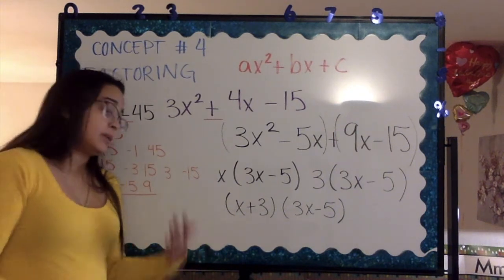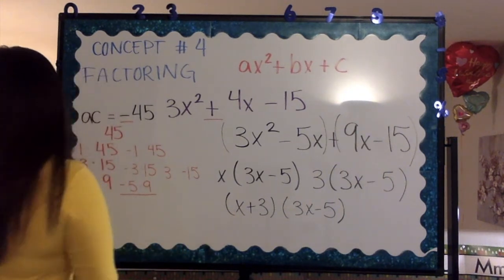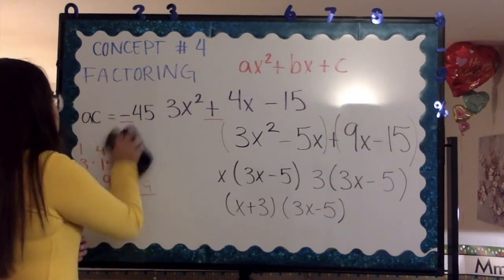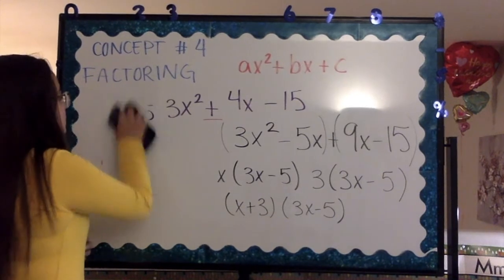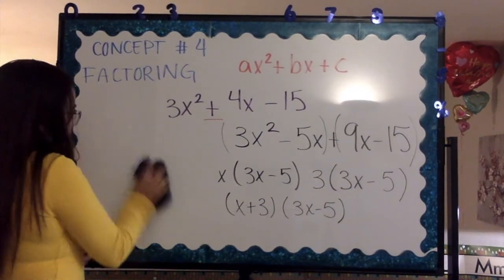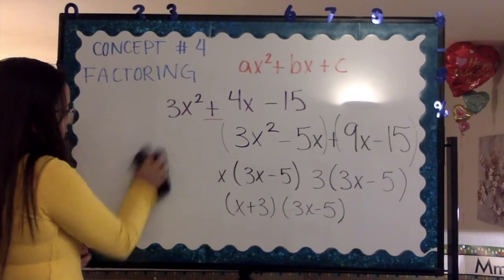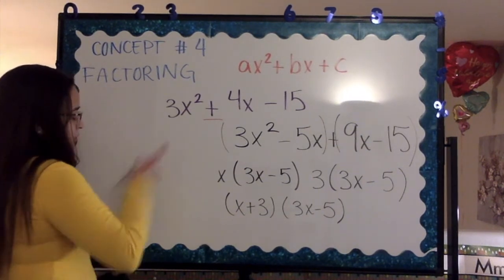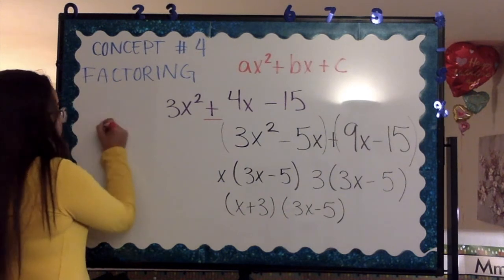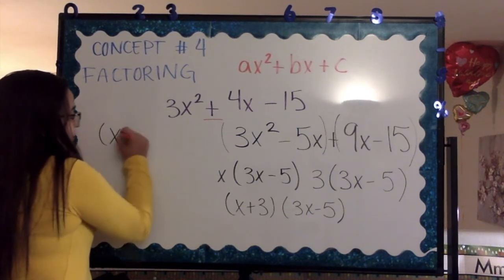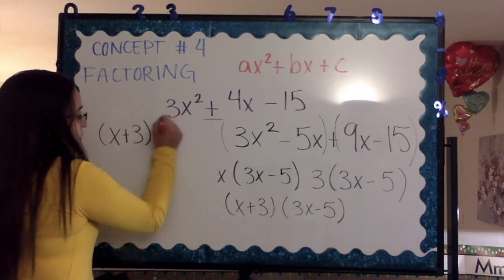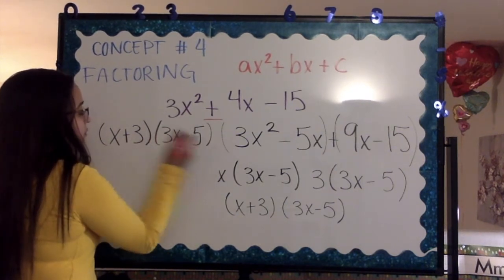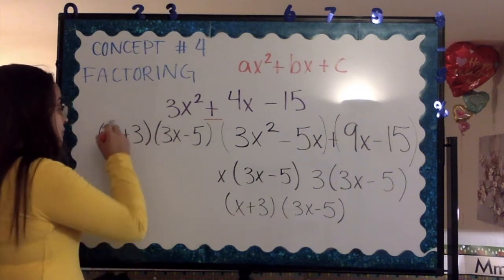As always, we can check our answer. Let's go ahead and do that by making some space. Let's do that right here. x plus 3 and 3x minus 5. Let's use FOIL.